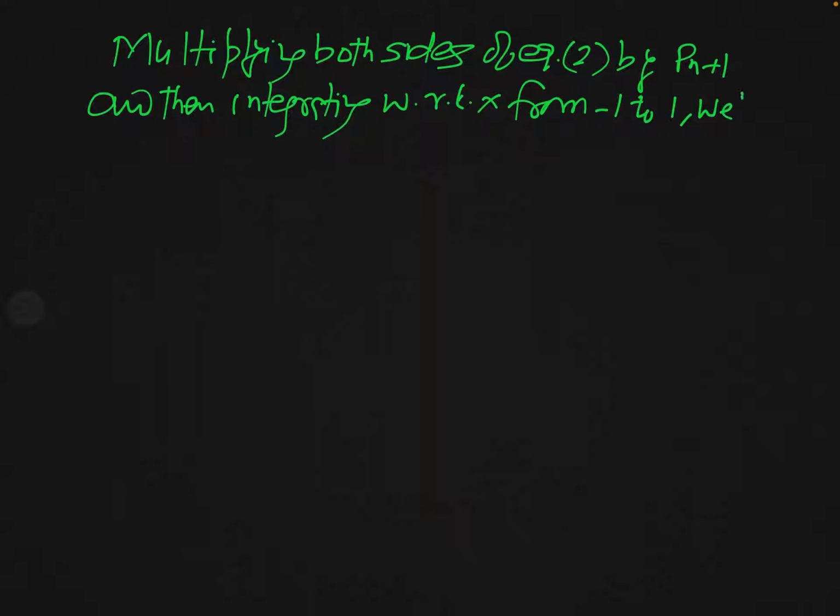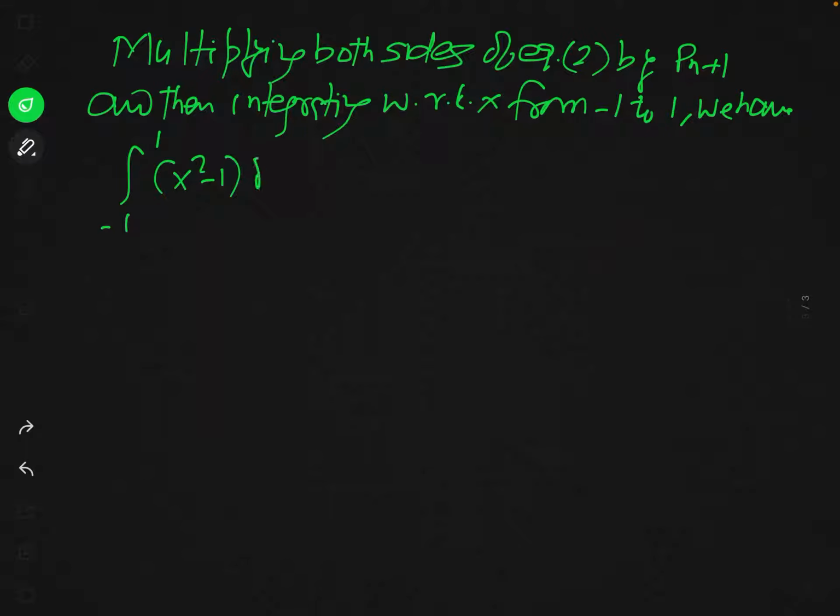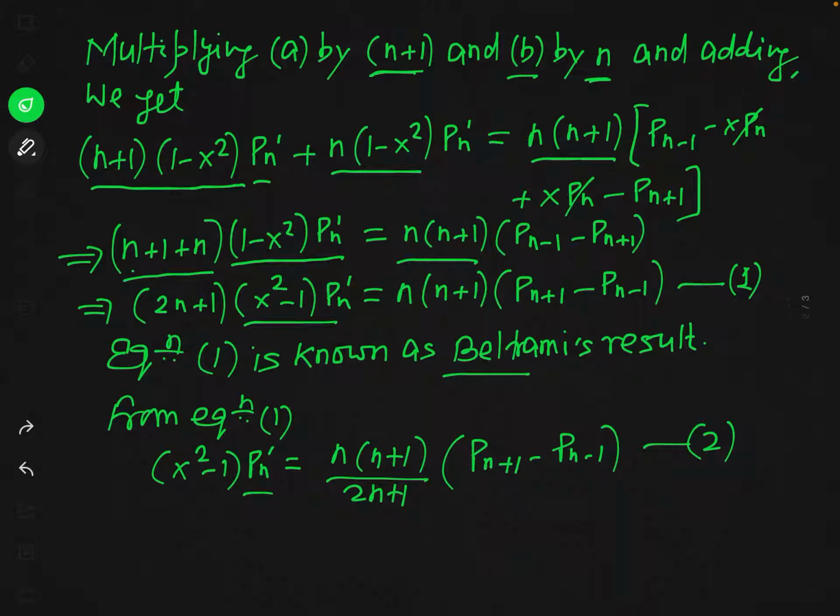What will be our result after that? You can see this will be simply the integral from -1 to +1 of (x square minus 1) into Pn dashed, multiplied by Pn plus 1. So this will be Pn plus 1 into Pn dashed dx, and this will be equal to, in the RHS you can see here there is n into (n plus 1) over (2n plus 1).